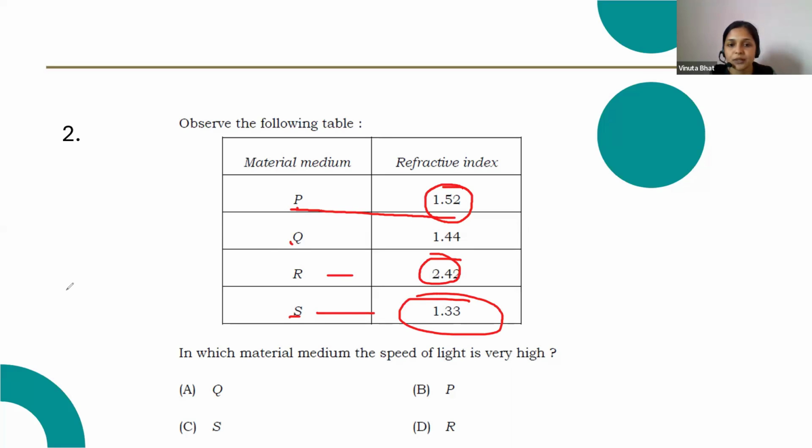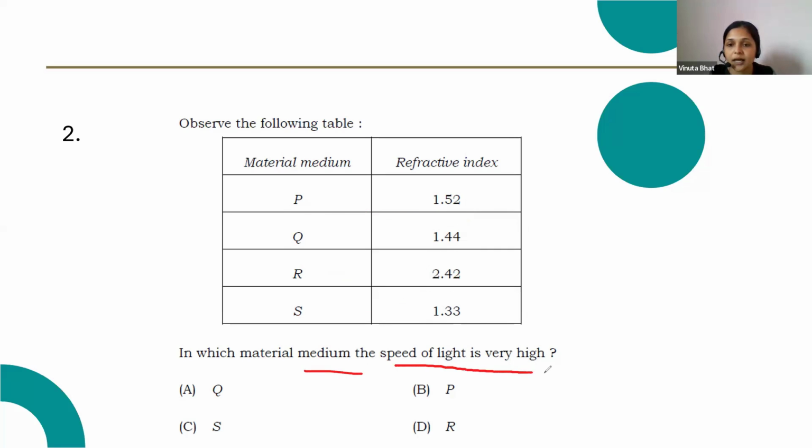Here, in which medium is the speed of light very high? Where the refractive index is more, the speed of light is less. Here R, which has the 2.42 refractive index, means the speed of light is less. Which one has the least refractive index?